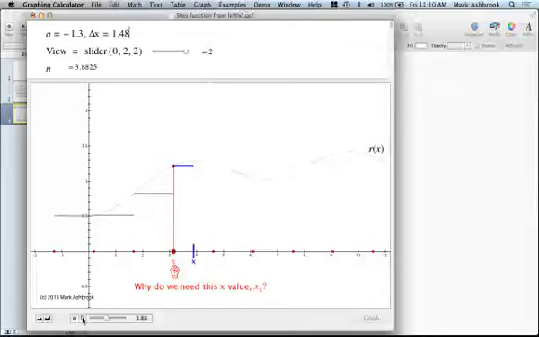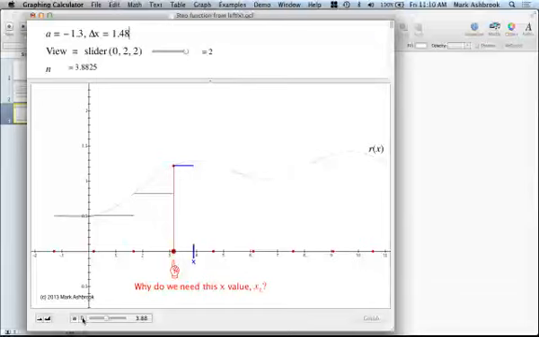For that whole interval, we use that X value in the rate function to get the constant rate.